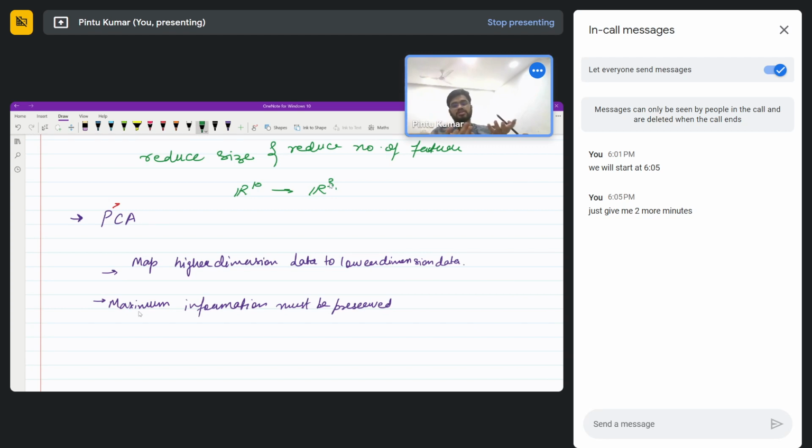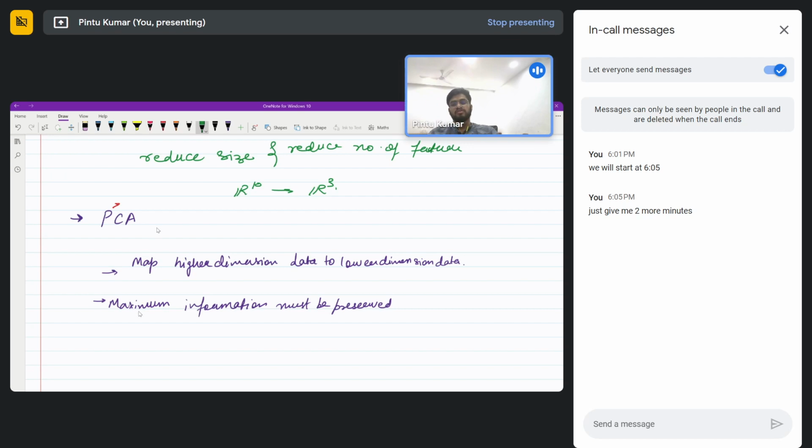Some advantages of PCA are that your data has become smaller in size, so you can store it in less space. Second, if you are able to map it into a space like R2 or R3, then we are able to visualize the data set, see how it looks, and make our own inference based on that. This is the goal of PCA: to reduce the size, the number of features or the dimension of the data.